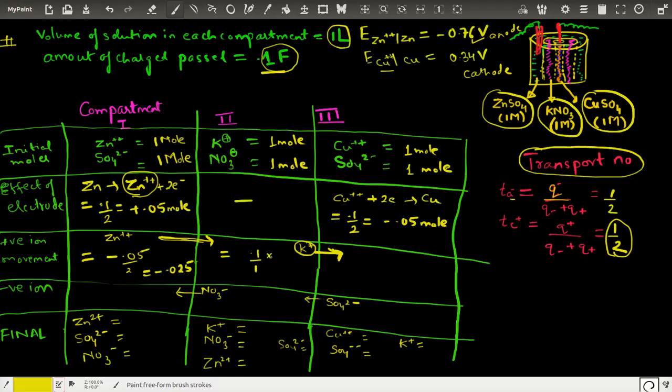Also, if we multiply by the transport number, effectively we can see that compartment 2 is losing 0.05 moles to compartment 3.